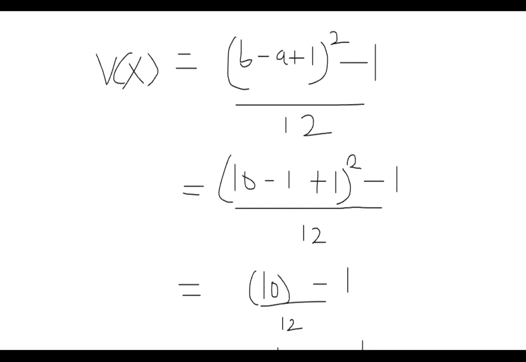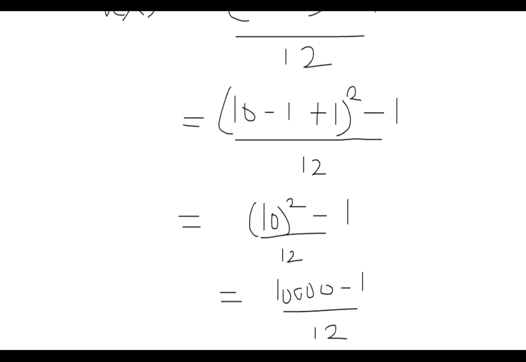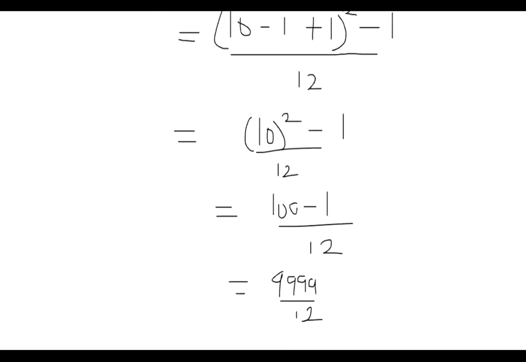It becomes 100 minus 1, and that becomes 99 over 12. 99 divided by 12 is 8.25. Yeah, thank you very much. So 8.25.